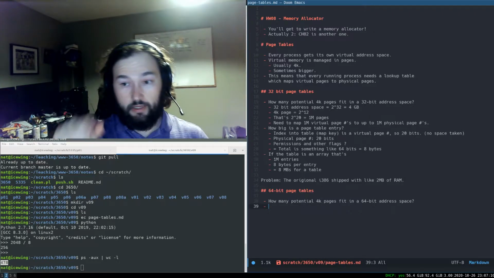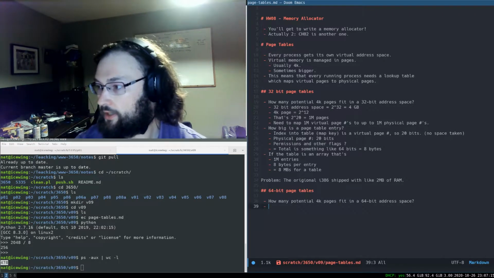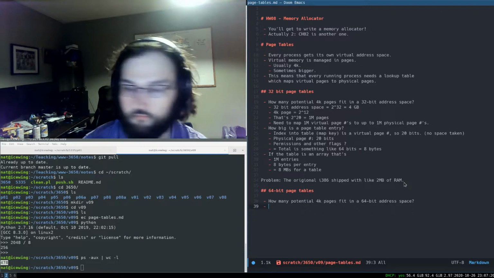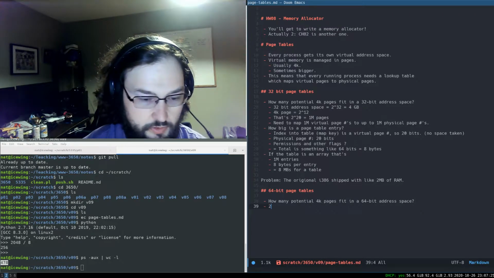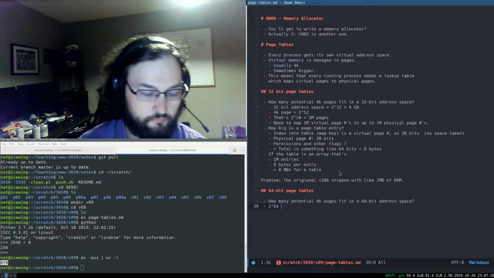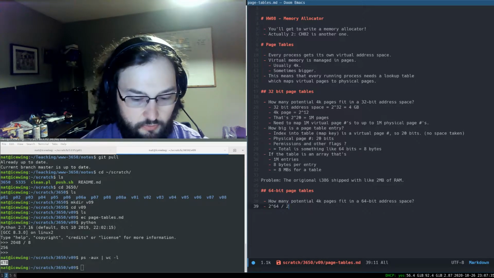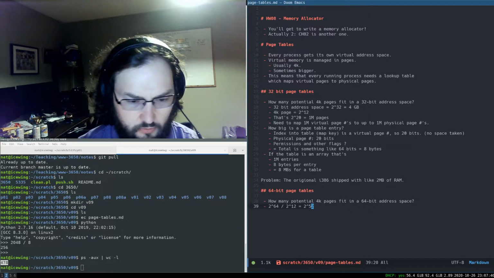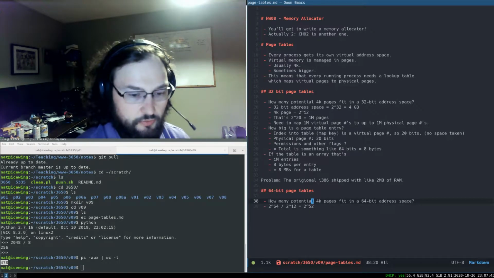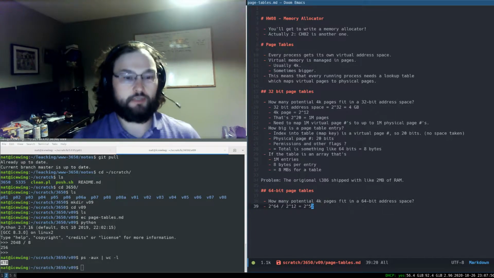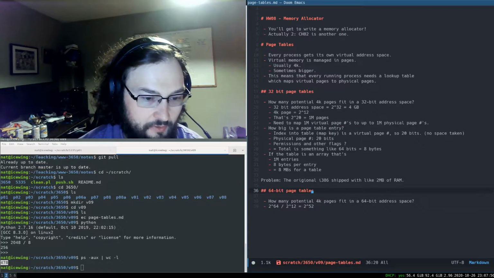So if we want to have a 64-bit address space, we're going to have 2 to the 64 divided by 2 to the 12 is 2 to the 52, and suddenly every single process needs 2 to the 52 rows, where each row is like 8 bytes. Now, none of that's going to happen.